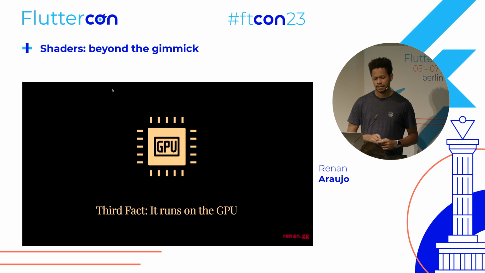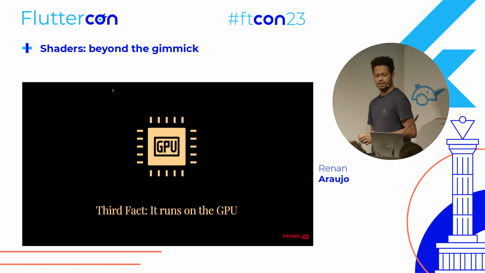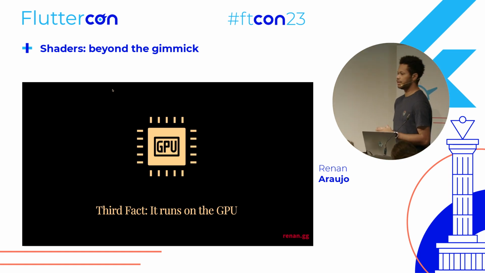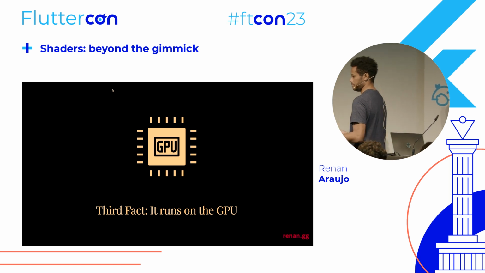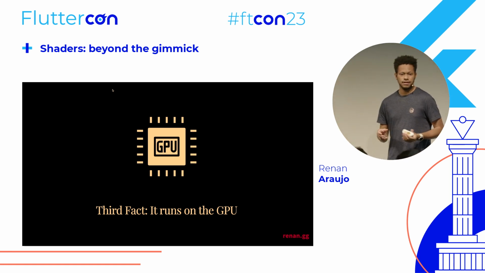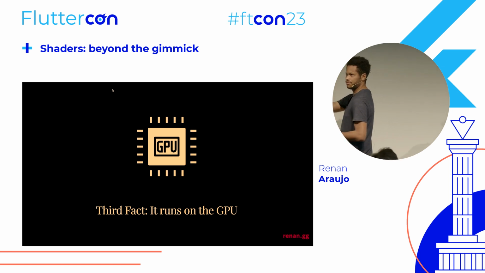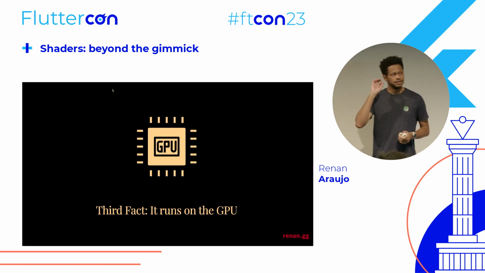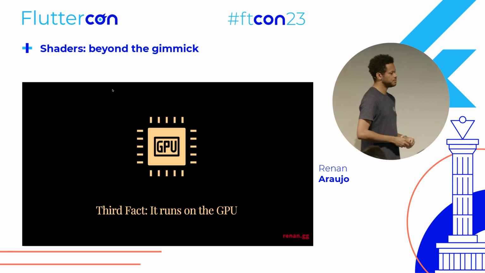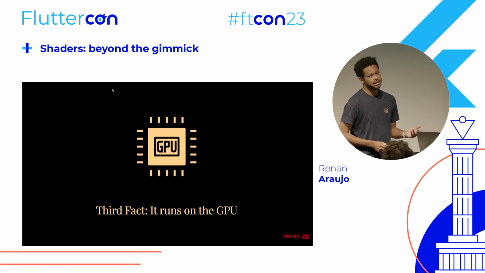The other differentiator of fragment shaders is that they run on the GPU. The reason that the inputs from the user are not customizable given the location of the pixel being calculated is that they run in parallel.